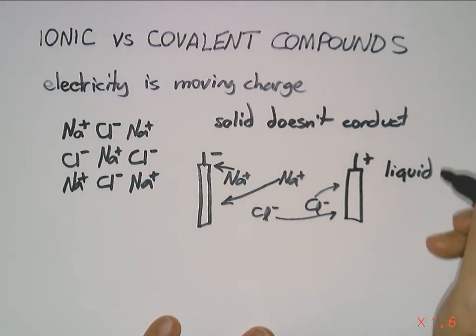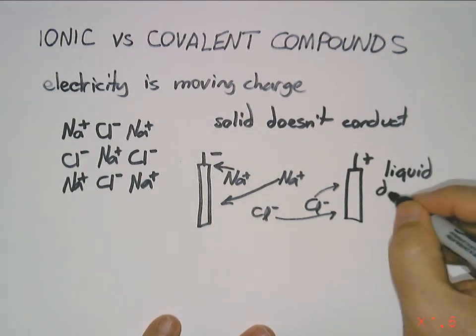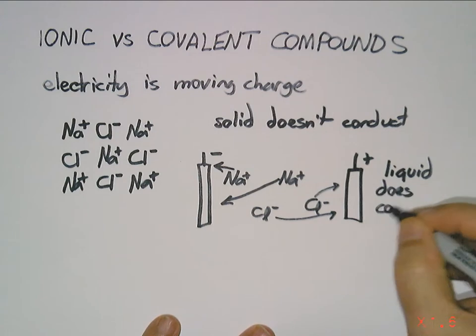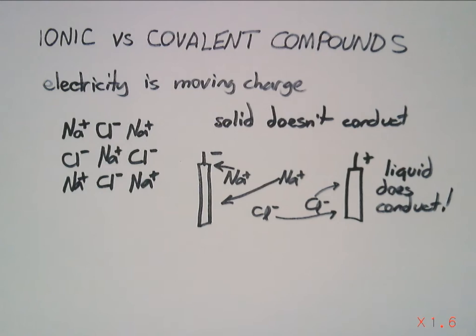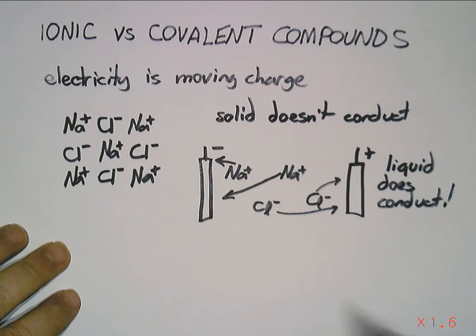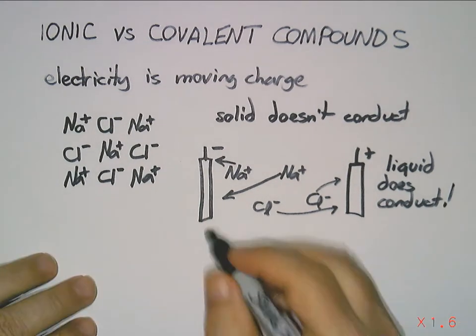So when you melt an ionic compound, it will suddenly become very conductive of electricity. You'll be able to conduct electricity through it. How can you tell? You can't see the little ions. How can you tell that charge is being carried between these two plates?